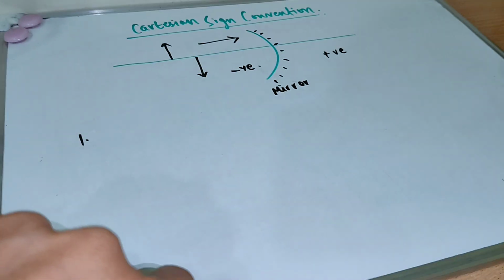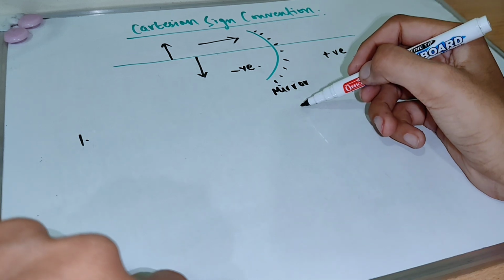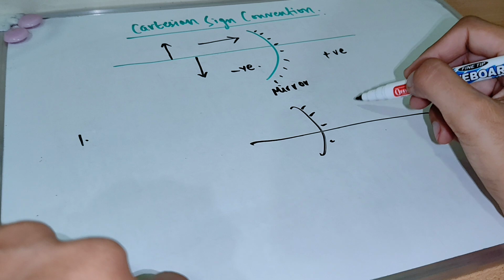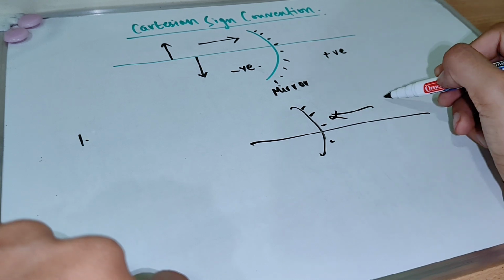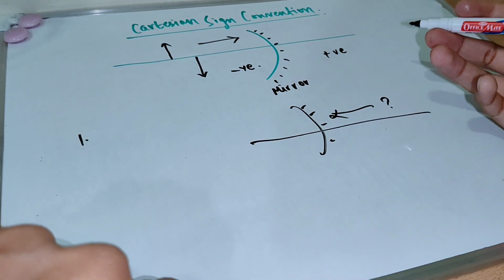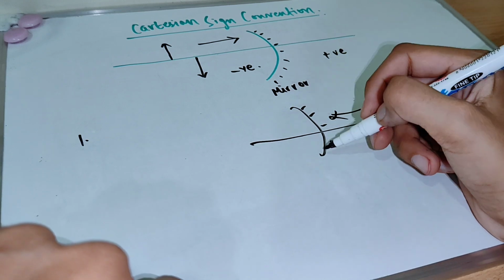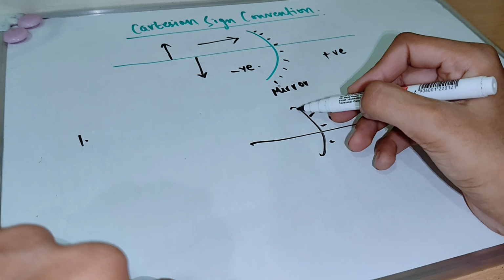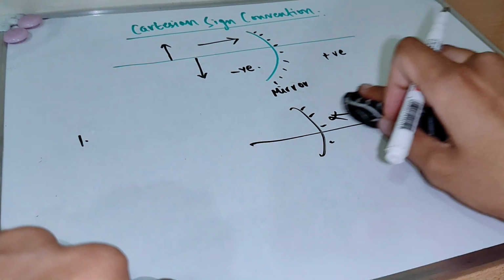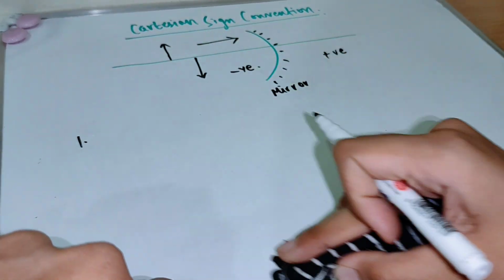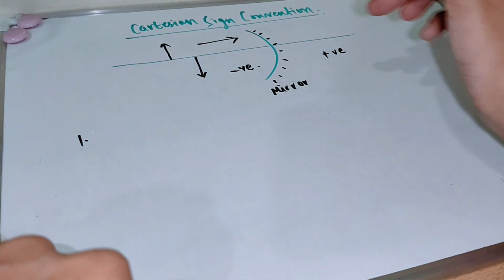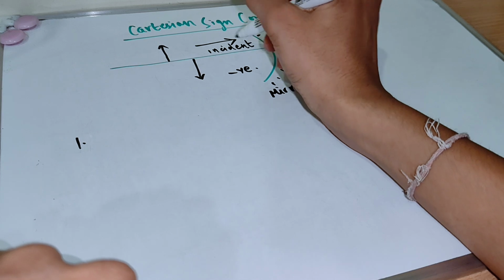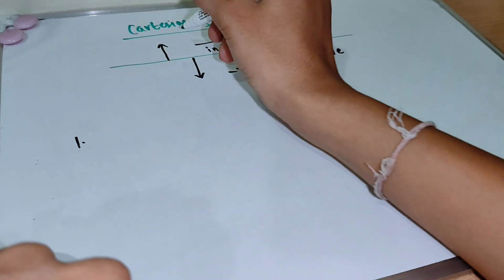You will never say that this is the mirror and the light is coming from here. Why? Because this is the reflecting surface, and in most cases we consider the left side of spherical mirrors to be reflecting. So we will always say that the incident ray is coming from the left hand side.